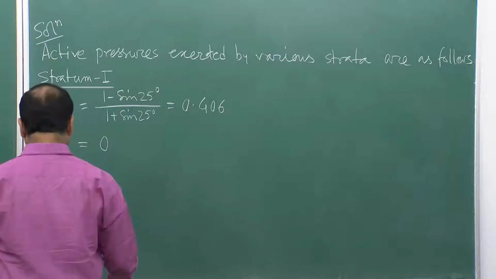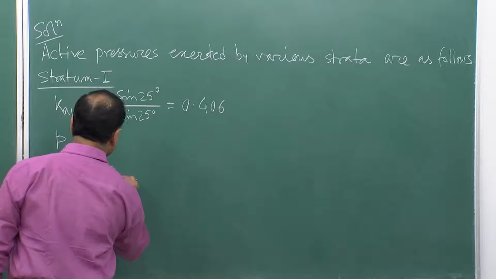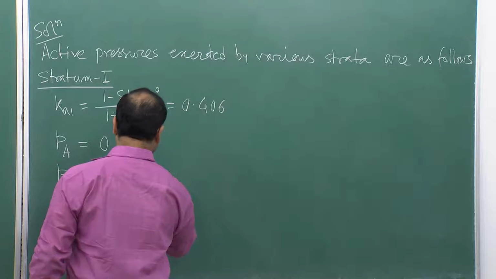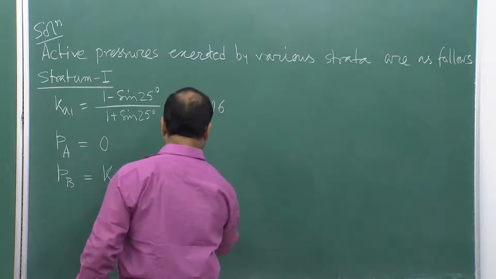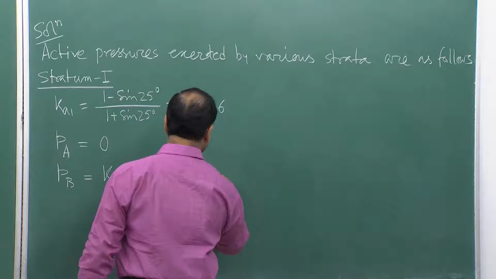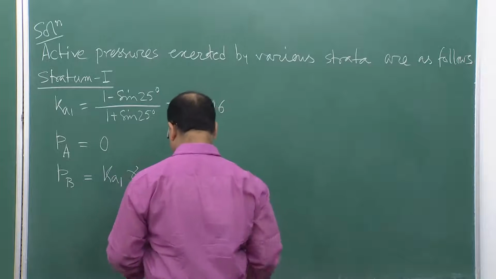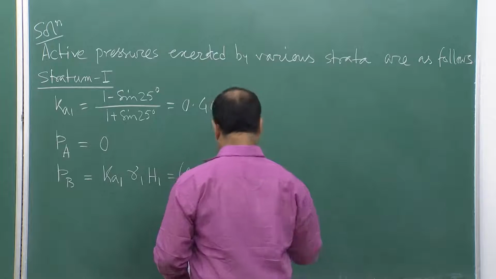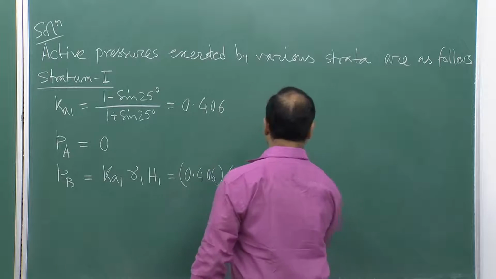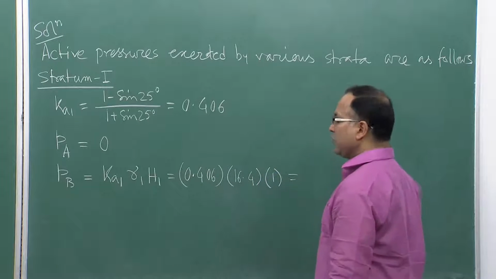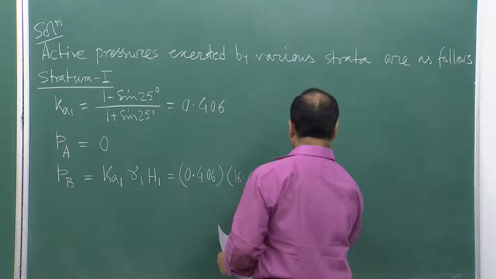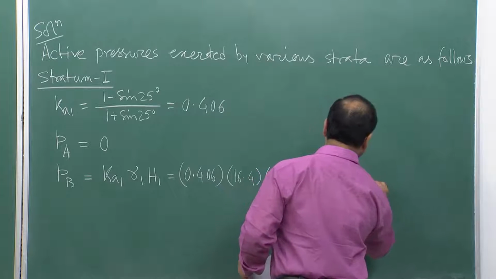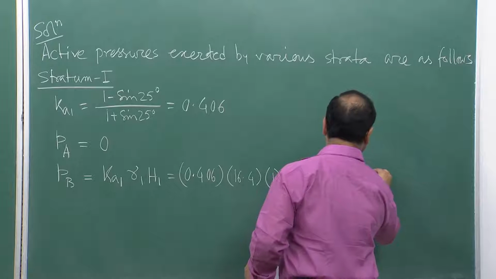Okay. So, Pb is nothing but Ka1 gamma 1 H1, that comes as 0.406 multiplied by gamma 1, which is 16.4, multiplied by H1, the depth of stratum 1, which is 1 meter. So, that comes as 6.7 kilonewton per meter square.